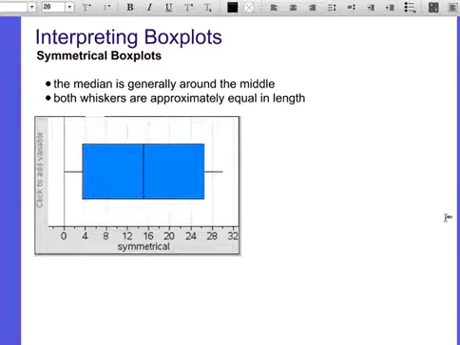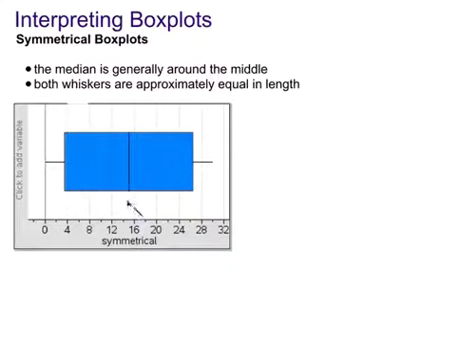If we're looking at interpreting box plots in relation to shape, we've got three different types that we can explain it as. Our first one is known as a symmetrical box plot. You can see that we have a median here which is sitting at 15, and the length from the median to the minimum value is approximately the same as the distance from the maximum value to the median.